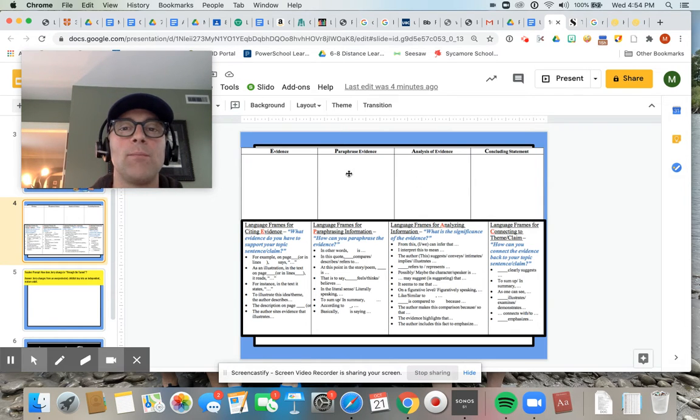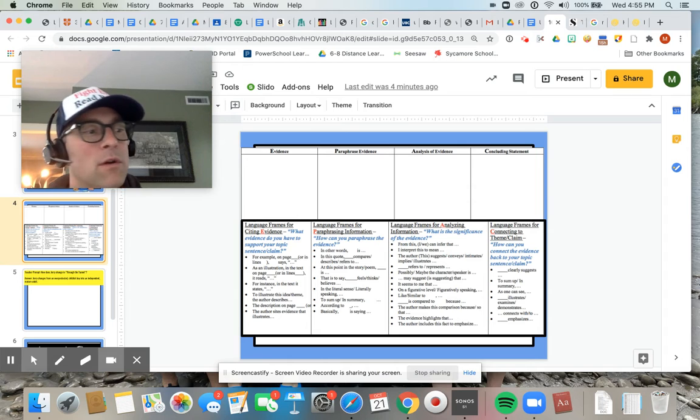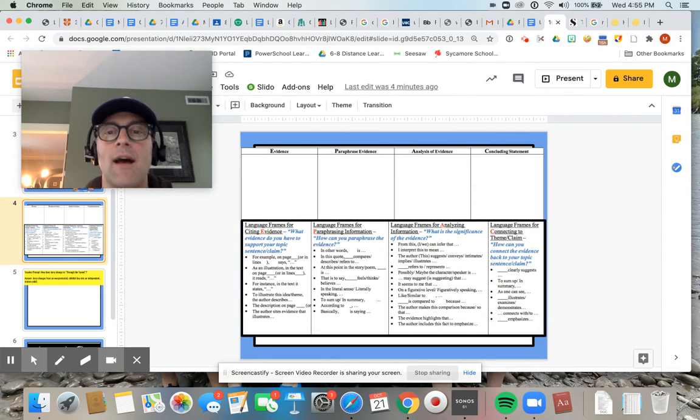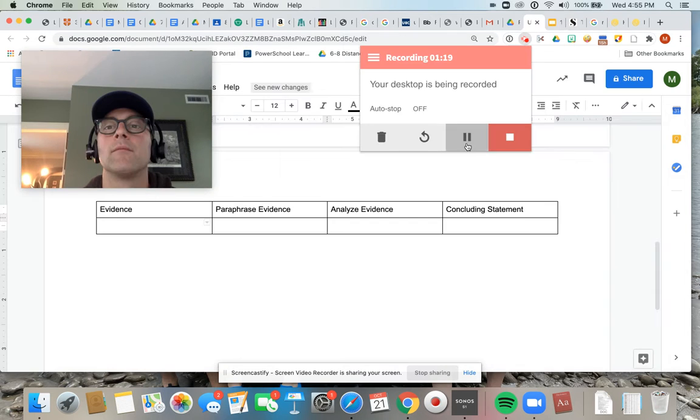Each one of these pieces will make together a wonderful paragraph, but it's a wonderful way to outline how that evidence works. And one of the things that we're pushing is that we want to move away from just simply saying, here it is, look, I'm right, to actually really explaining our thinking and how this goes.